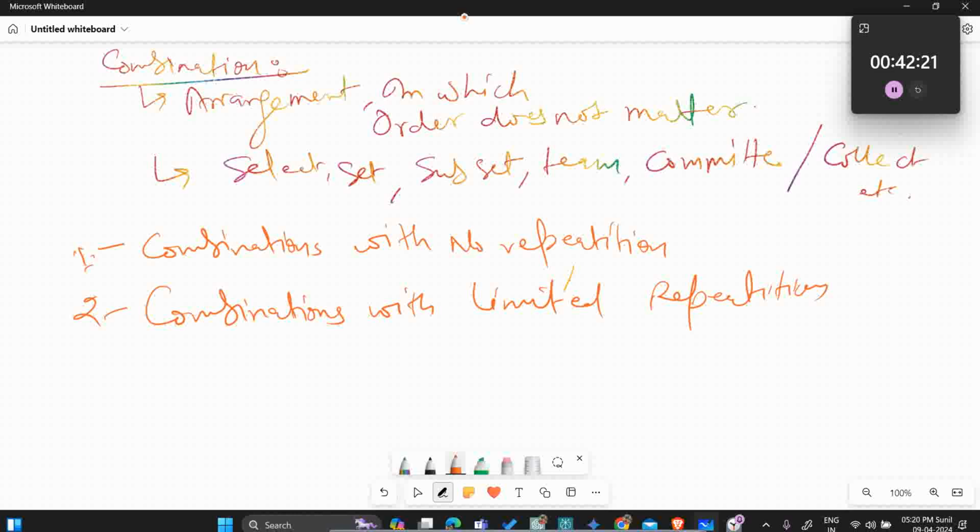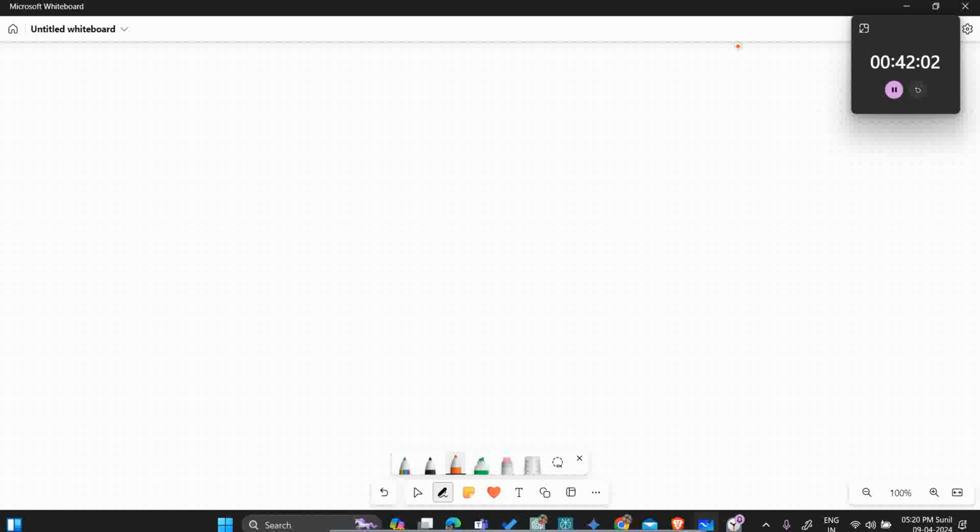And third is combinations with unlimited repetition, like permutations. These are the three types also. So let's see some examples one by one.